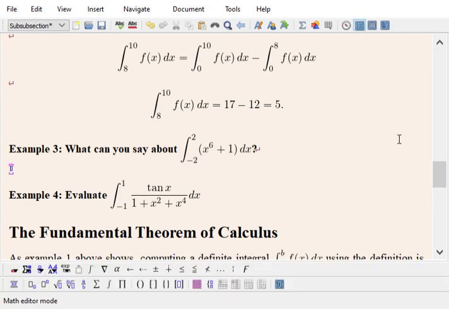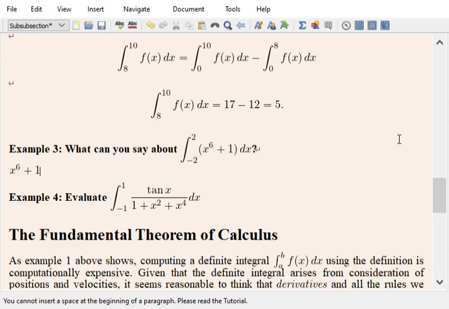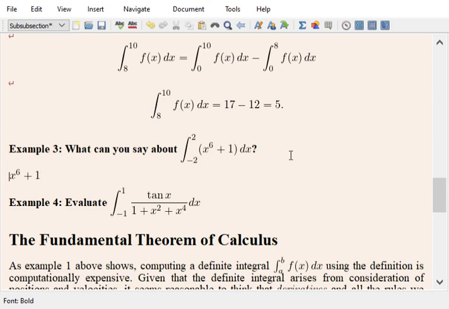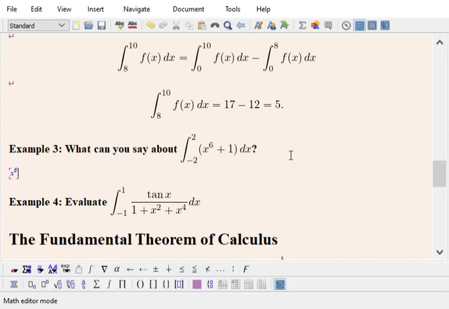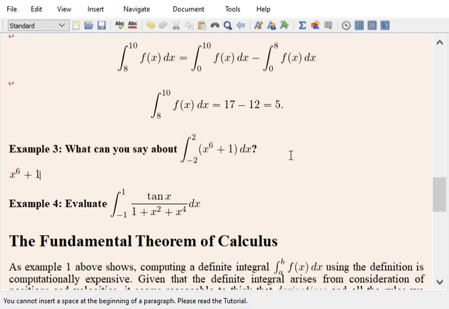Well, x to the 6 plus 1 is an even function.